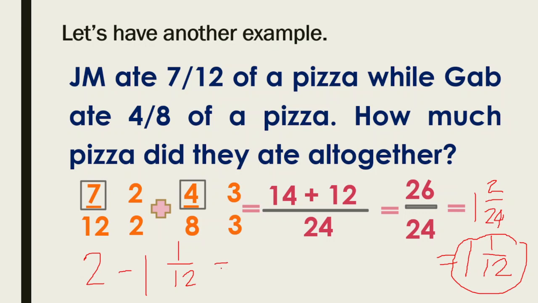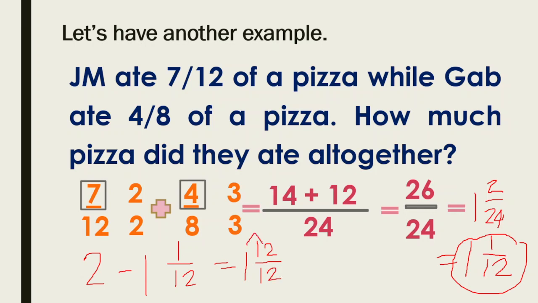So anong gagawin natin sa subtraction dito? Diba? Since it is a whole number, you cannot subtract it with a fraction without changing the whole number into a mixed fraction. So yung 2 mo magiging 1. Tapos may kasama siyang fraction na equivalent to 1, which is 12 over 12. Bakit magiging 12 over 12?